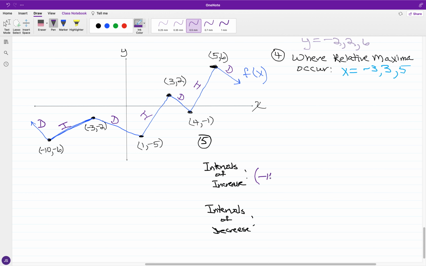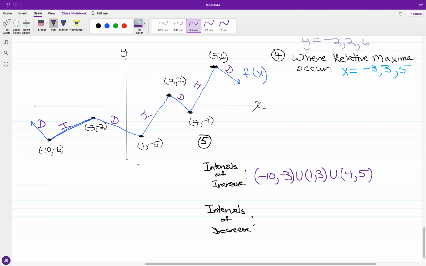So between -10 and -3, we have the increase between 1 and 3, and also between x equals 4 and x equals 5. Again, we're not including those endpoints, so all the x values are left in parentheses. So between -10 and -3, between 1 and 3, and between 4 and 5.